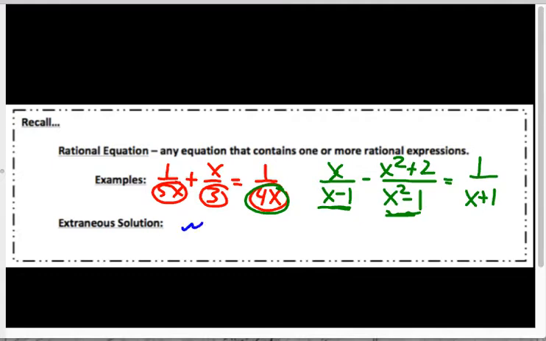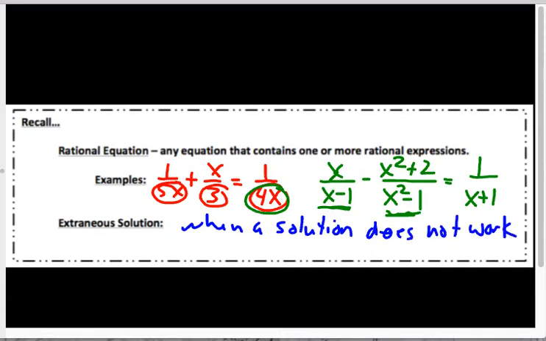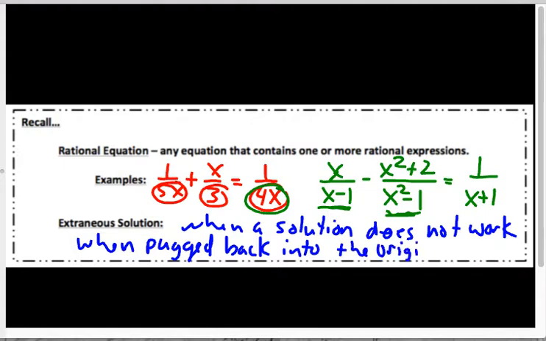When a solution does not work when plugged back into the original equation. We always tell you to check your answers. Well, sometimes when you plug your answers in, they don't work. That would be considered an extraneous solution.